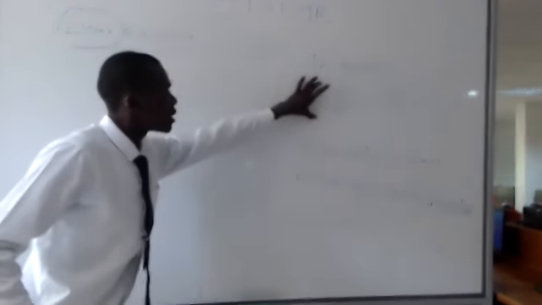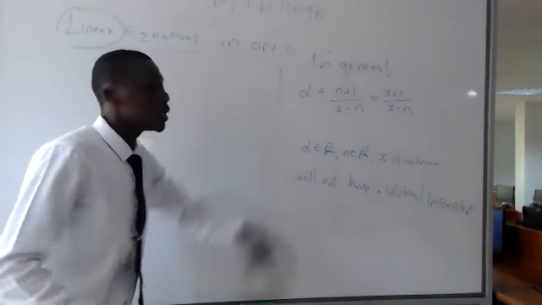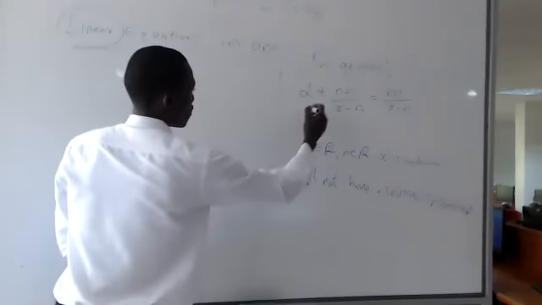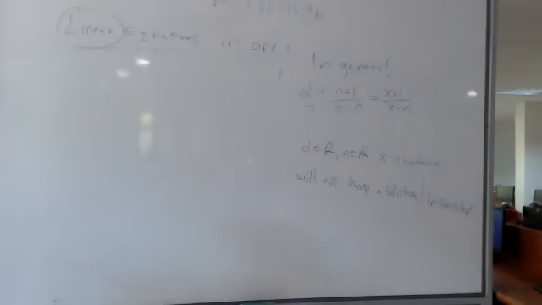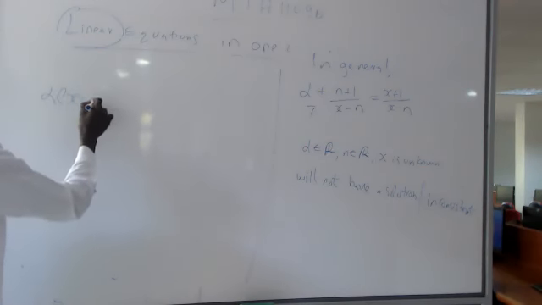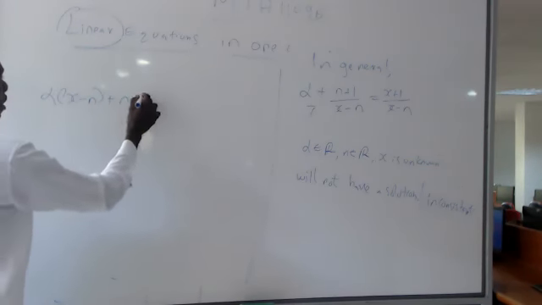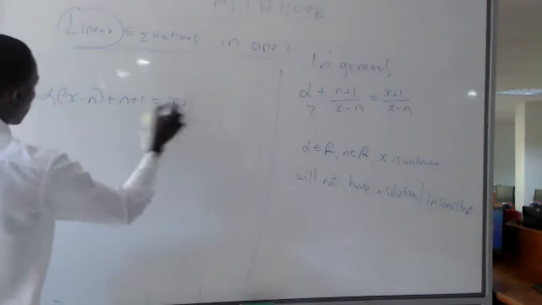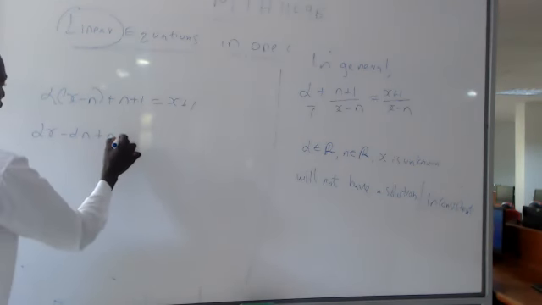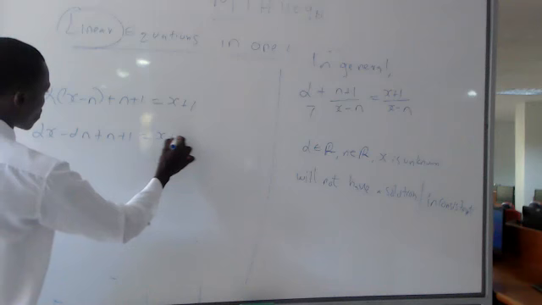And why does this system become inconsistent? Because when you try to solve this system, you will need to multiply by x minus n. So that means you will take x times alpha minus n plus 1 is x plus 1. Therefore, alpha x minus alpha n plus n plus 1 is n plus 1.